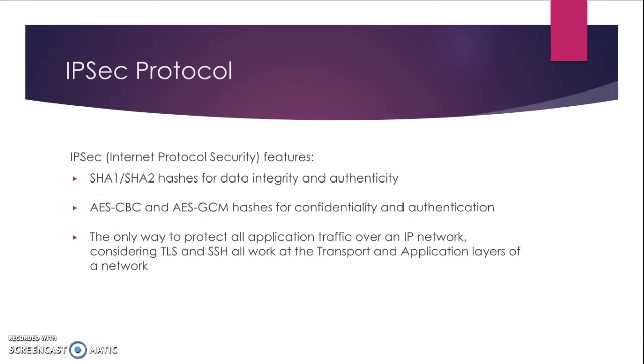And then, of course, IP security protocol being a key one that we've covered in the chapters in the book, using SHA-1, SHA-2 hashing, AES, different forms of hashing for confidentiality and authorization. IP security, of course, being a key protocol that allows legitimate users to connect to servers and prevents unwanted or malicious users from connecting to those servers.